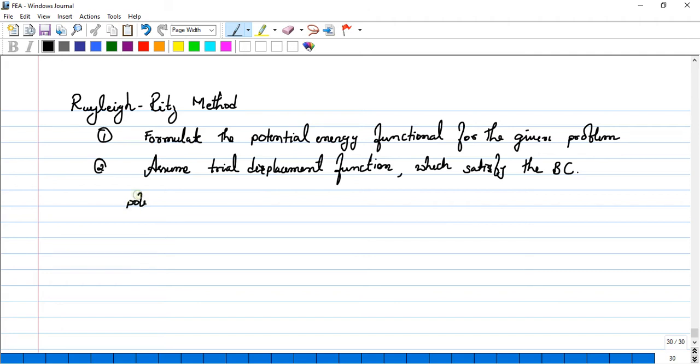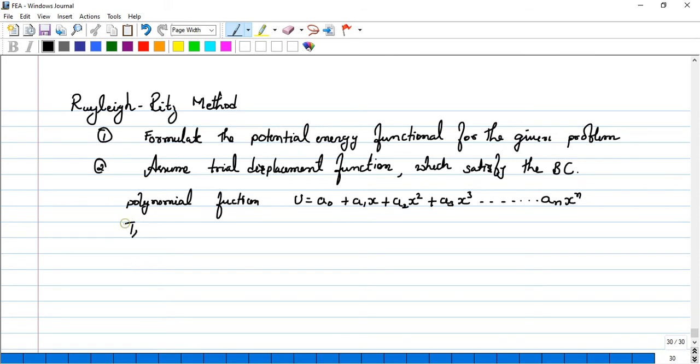We have one, the polynomial function. If I want to represent it, u representing displacement, it is a0 plus a1x plus a2x square plus a3x cube, and so on, up to x raised to n. So this is the polynomial function.